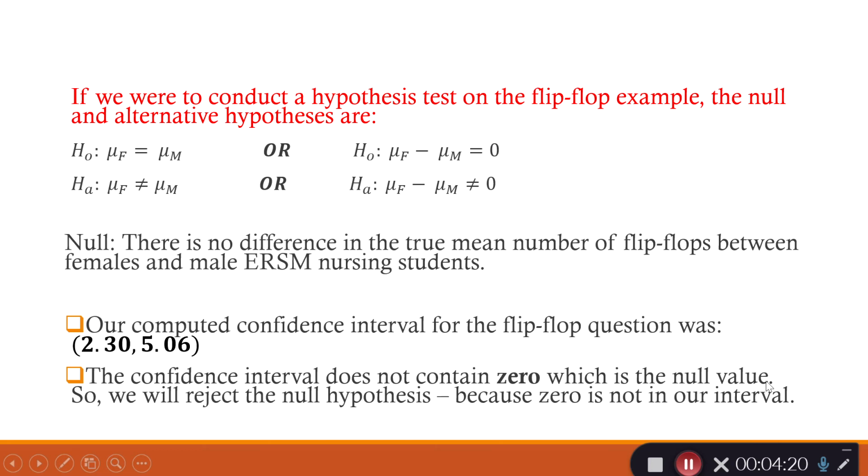So we would reject the null hypothesis because 0 is not in our interval. So I could give you a confidence interval and ask you what kind of decision you would make based on that confidence interval, assuming you know what the null value is. If the null value is not in this interval, then the null is not a plausible value. You would go ahead and reject the null hypothesis. Okay.